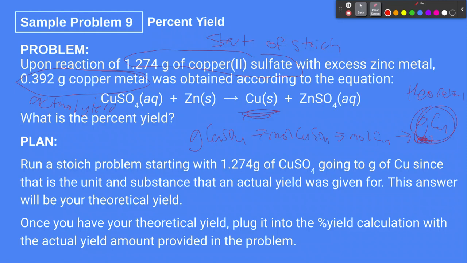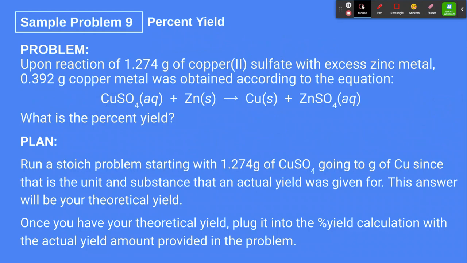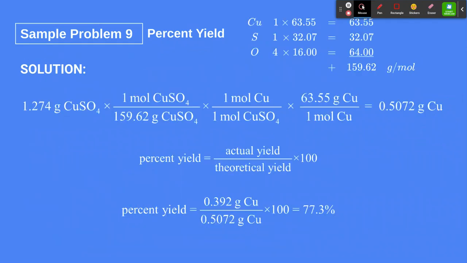The percent yield calculation, we're going to use the actual from the problem and the theoretical from our math. So the molar mass of copper 2 sulfate is up there at the top, 159.62. We run our problem here from, remember, it was going from grams of copper sulfate to moles of copper sulfate to moles of copper to grams of copper.